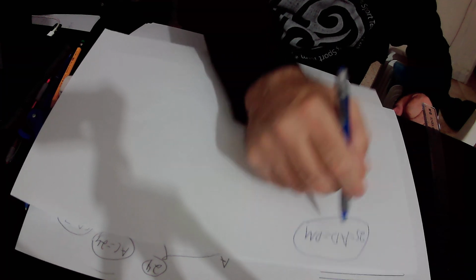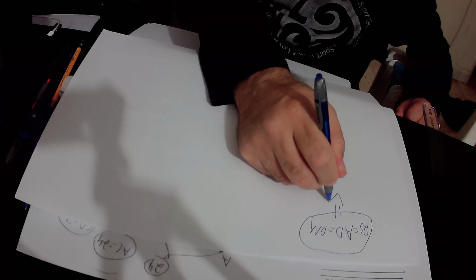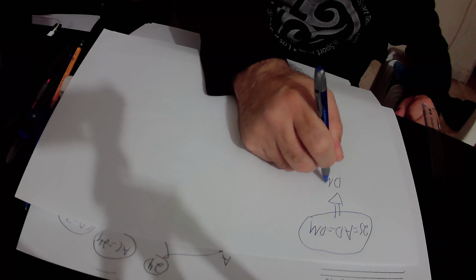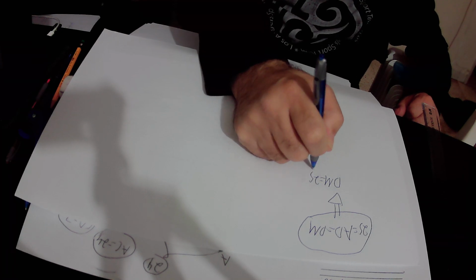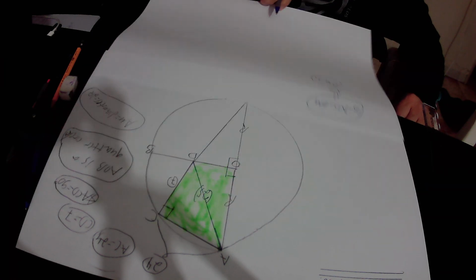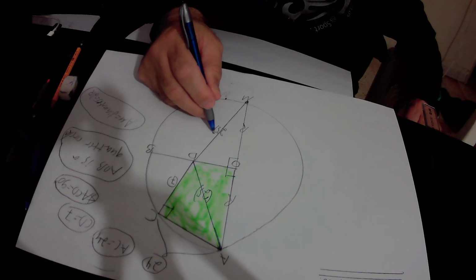And from this equation, 25 equals AD equals DM, we derive that DM is also equal to 25 units in length. This is side DM that equals 25 units in length.